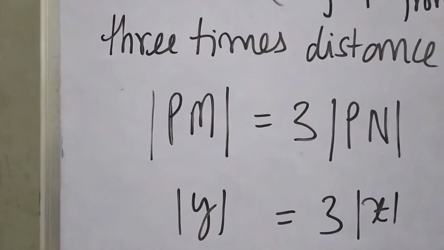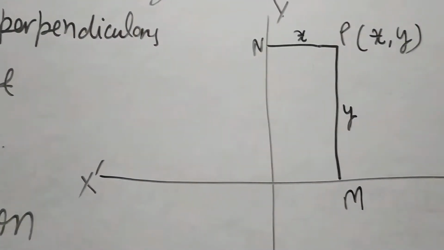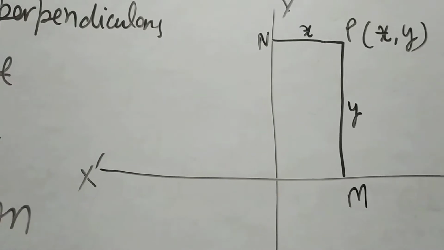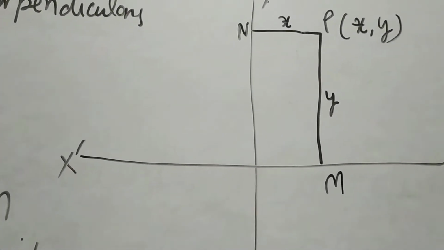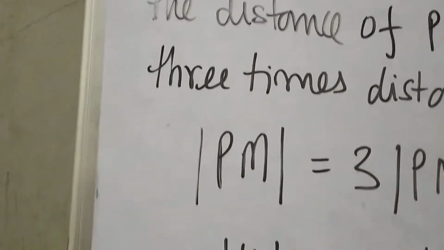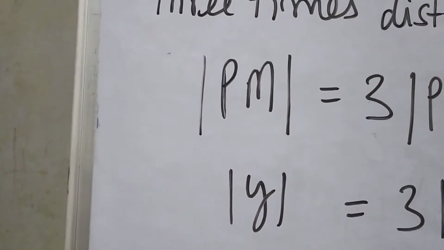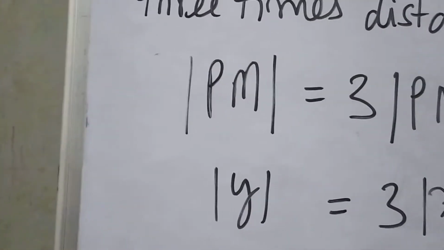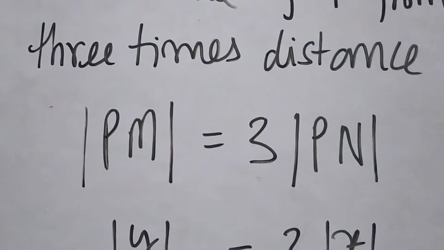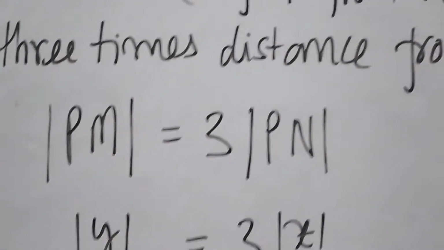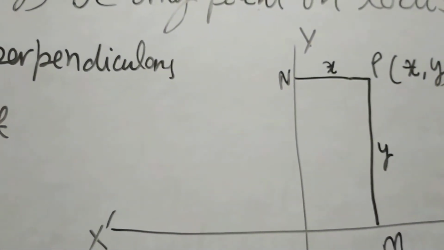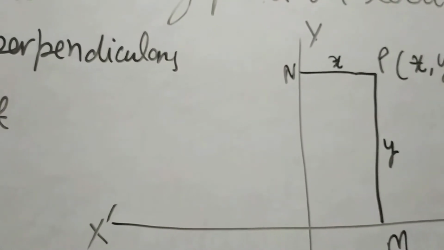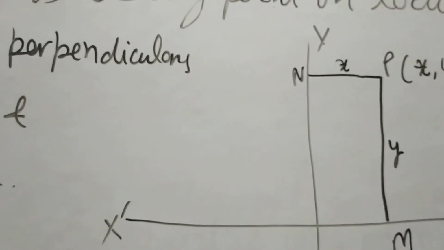Now put the value of PM. This value is y. So we have written y in place of PM. Similarly, in place of PN we have written x. You can see here this PN is equal to x.